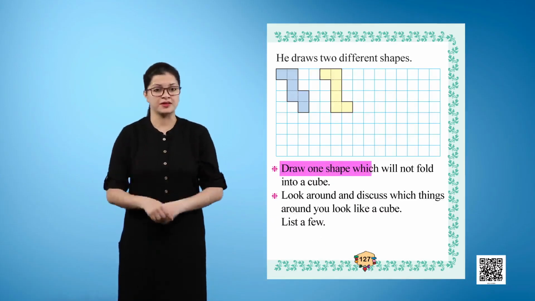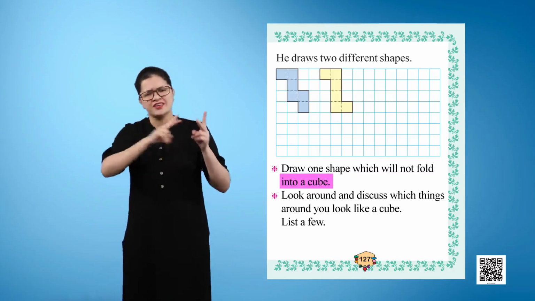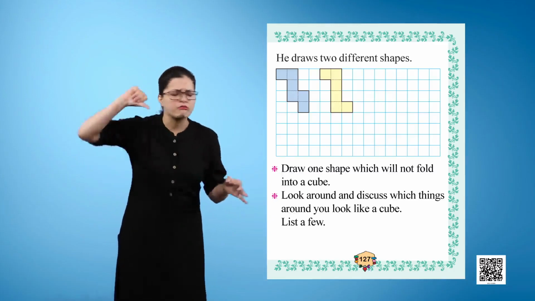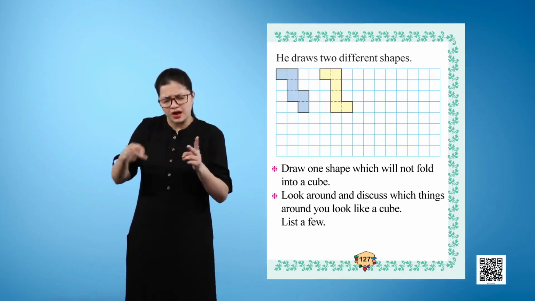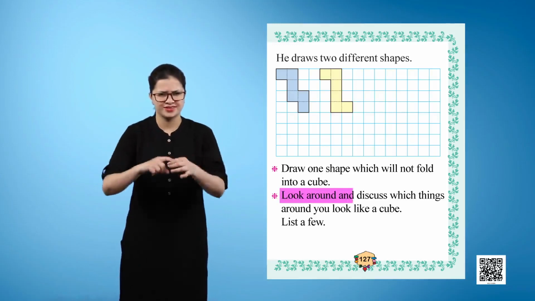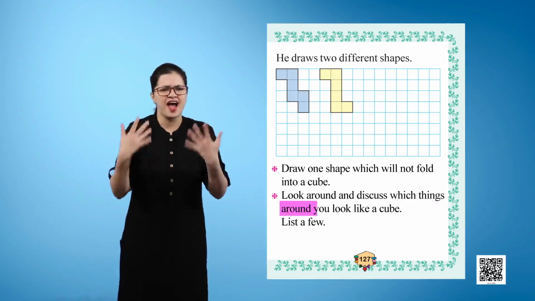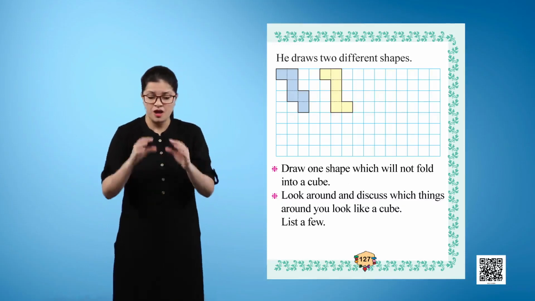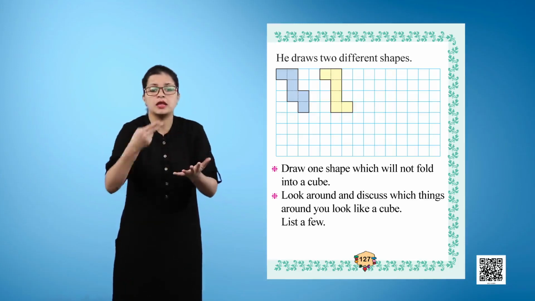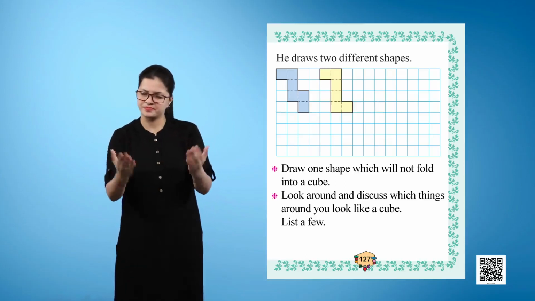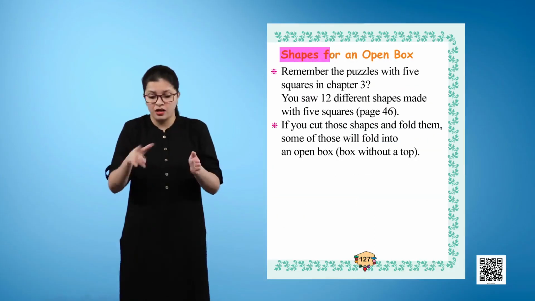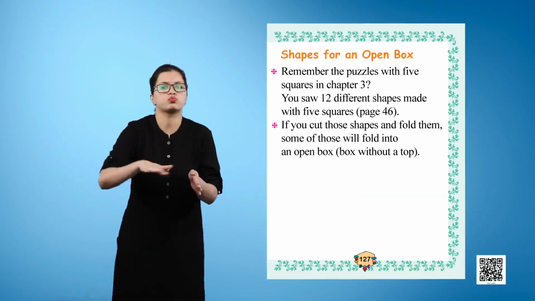Draw one shape which will not fold into a cube. Look around and discuss which things around you look like a cube. List a few.